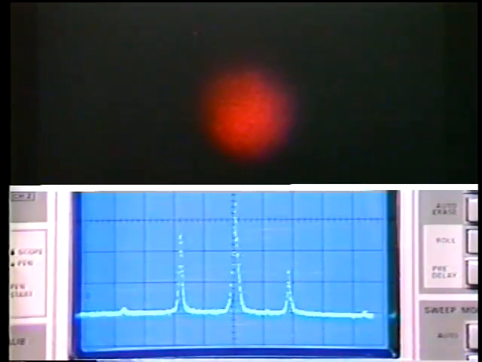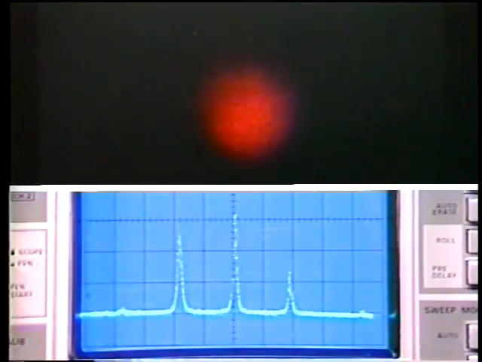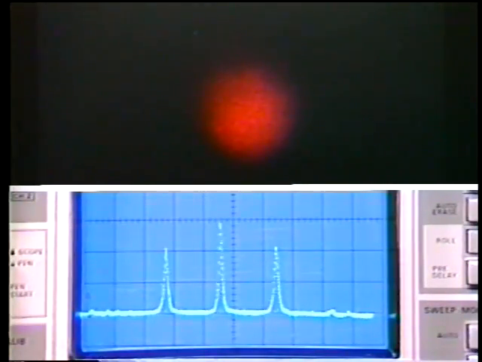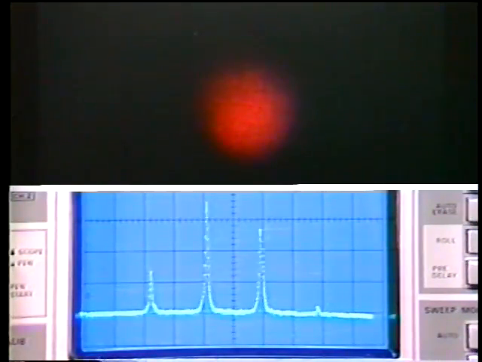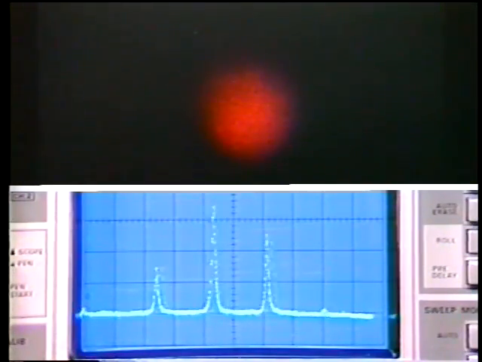And of course, the number of longitudinal modes will depend on the width of the gain medium. The laser is about 40 centimeters long, which means that the mode spacings are about 375 megahertz. And that's why we get 3 and sometimes 4 modes oscillating within the bandwidth of the amplifier, which is 1.5 gigahertz.